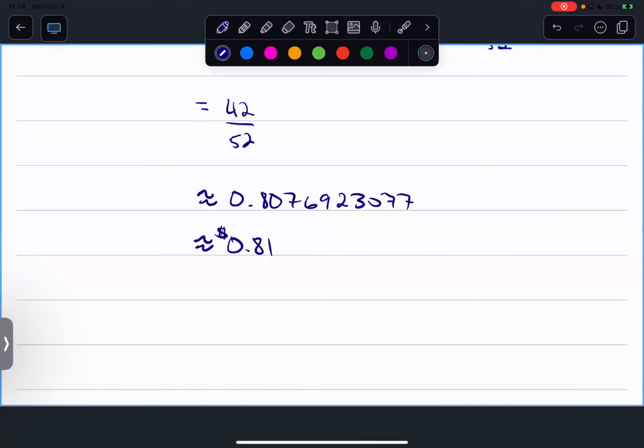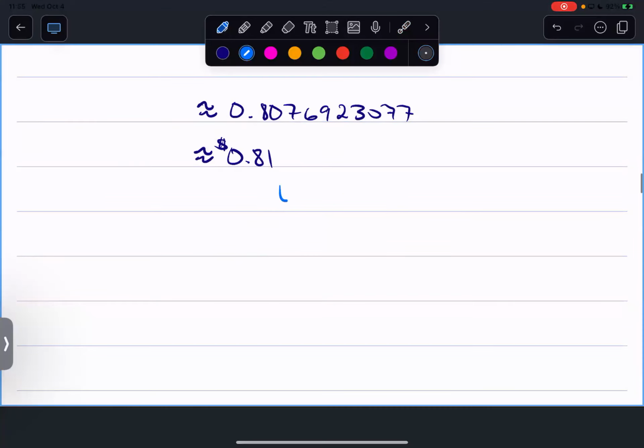Well, it depends on if you like to gamble, I guess. But your expected payout is 81 cents. So in theory, you shouldn't play the game unless it costs less than 81 cents. That's never the case. It just doesn't work that way. But this is your expected winnings.